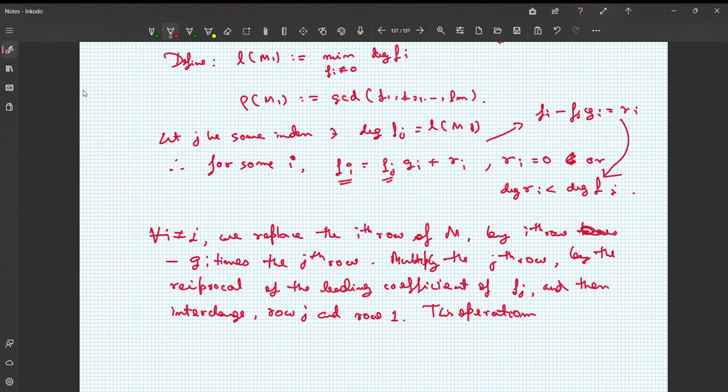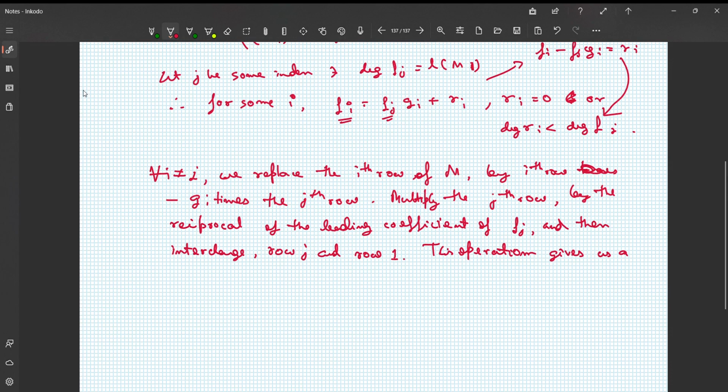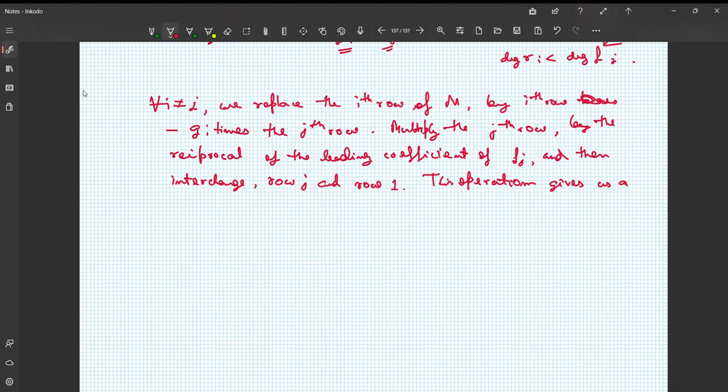So this operation gives us a new first column. Now we are not concerned about any other column or row. We are just concerned about the first column. Let us denote it as m1 dash. So the m1 dash is fj interchanged with the first entry after normalizing it.